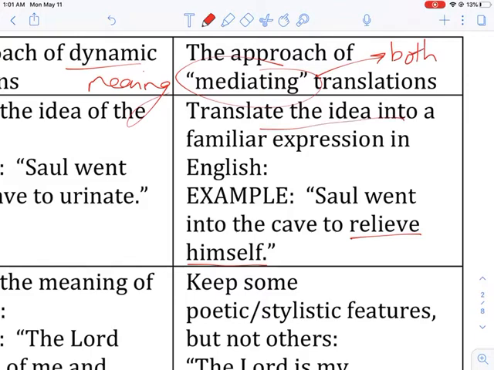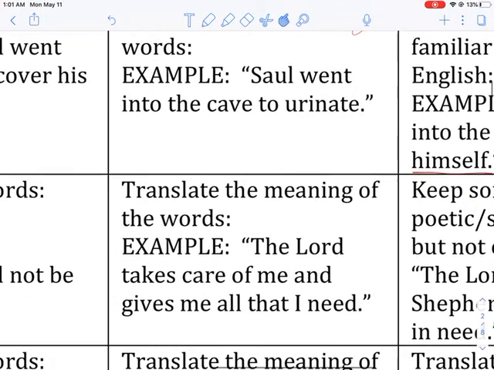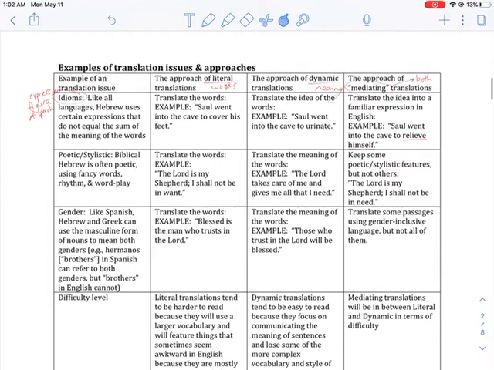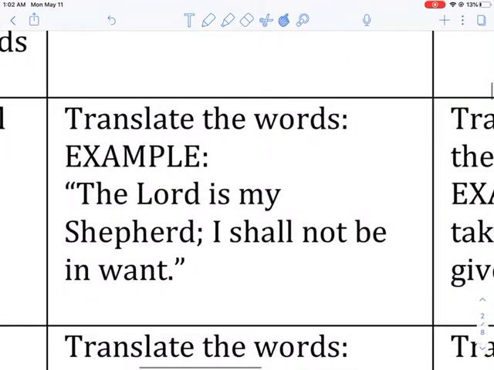Another example is how to translate poetry. Poetry is especially hard to translate because there's certain rhymes and rhythms and play on speech and imagery used. And so, for instance, one of the most famous Bible passages is, "The Lord is my shepherd, I shall not be in want," or "I shall not want."